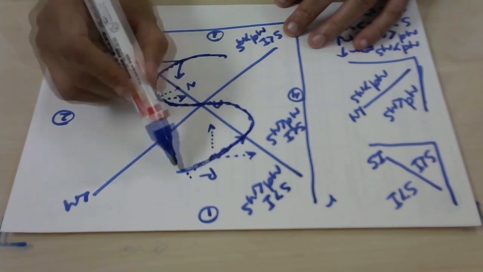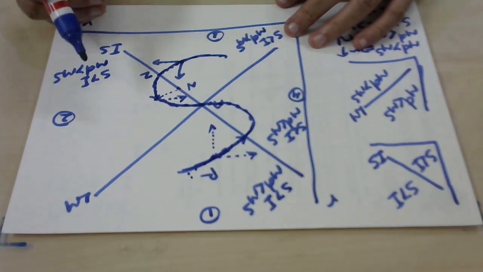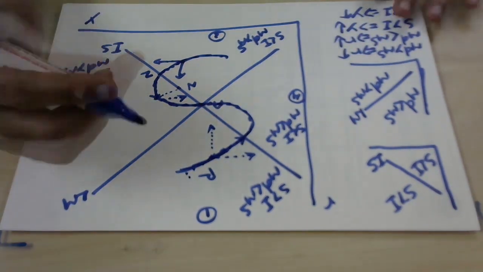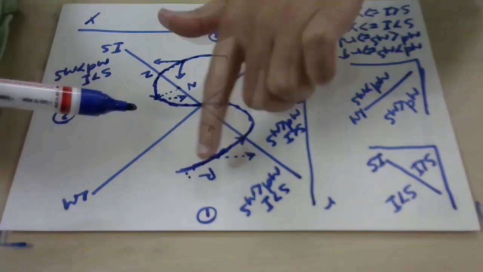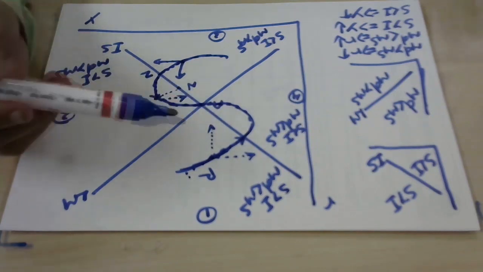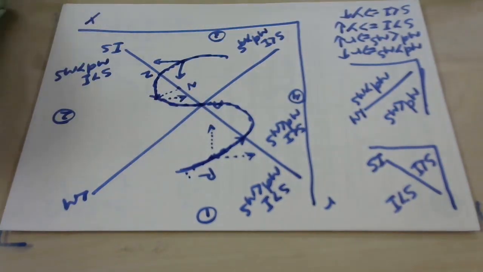This you can try out on your own, taking different points in different quadrants. Broadly you will get an S curve, and that means the system is moving towards equilibrium following this kind of path, which is taking the shape of an S curve.